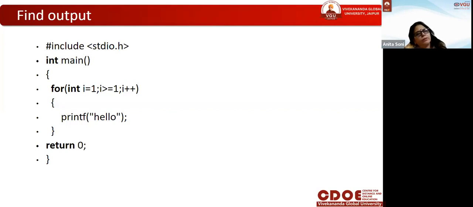So whenever you use a loop, you must make it clear that you have put proper operators and given a proper test condition. Otherwise, it will cause an infinite loop. So here you are using i greater than or equal to 1.